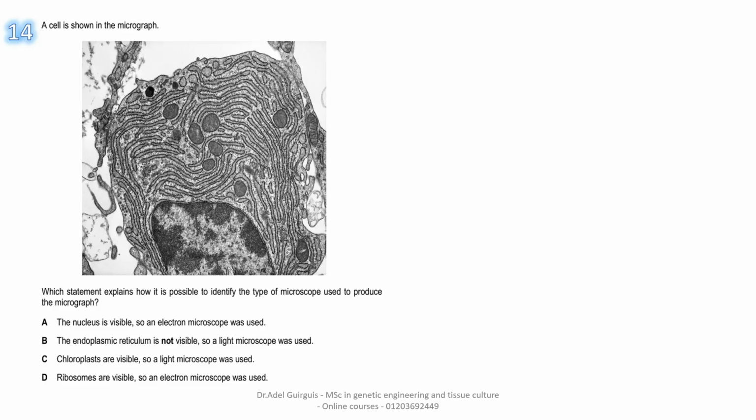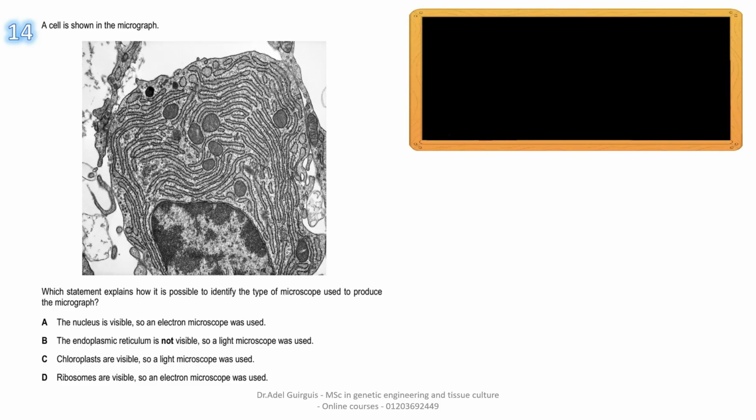Letter C, chloroplasts are visible, so a light microscope was used. Letter D, ribosomes are visible, so an electron microscope was used. Look please, this figure or micrograph is taken by using TEM, transmission electron microscope.